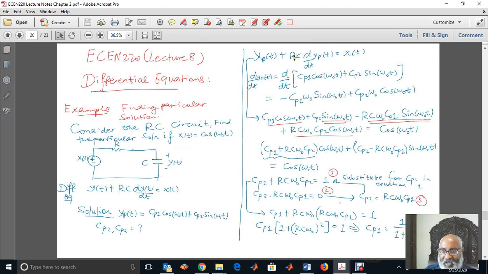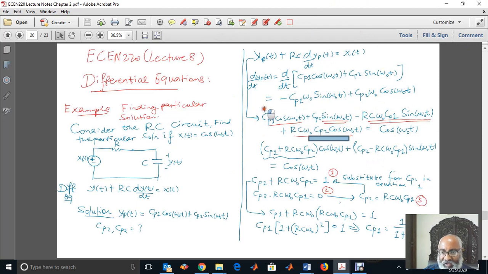We substitute here. This is the derivative. You should multiply by R times C. Then y_p is the original y_p, and RC times the derivative of y_p, we multiply by RC, and this is equal to x of t, cos omega naught t. After we do this, what should we do? We should group similar terms.